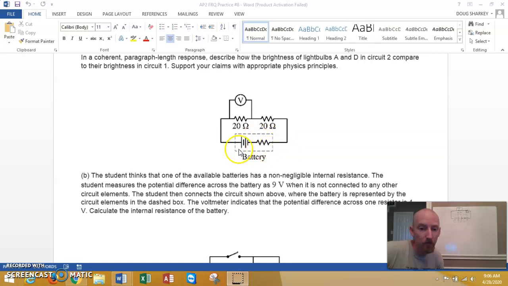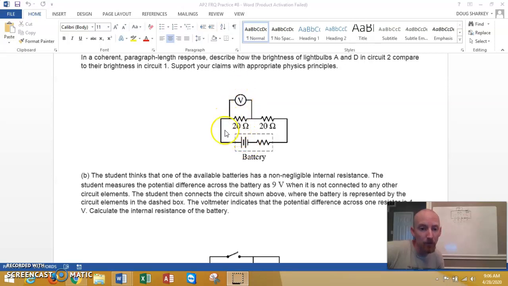So what the student does is they measure the voltage of the battery when it's not connected, and it's 9 volts. So that's your total, that's without being hooked up, so that's a maximum. Then they hook it all up and put a voltmeter across one of these two resistors and figure out that the voltage is 4 volts across this one right here.